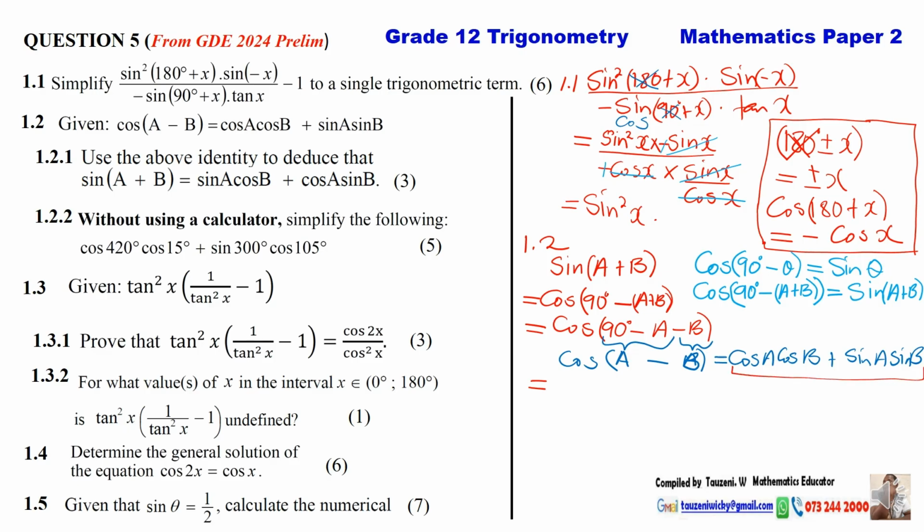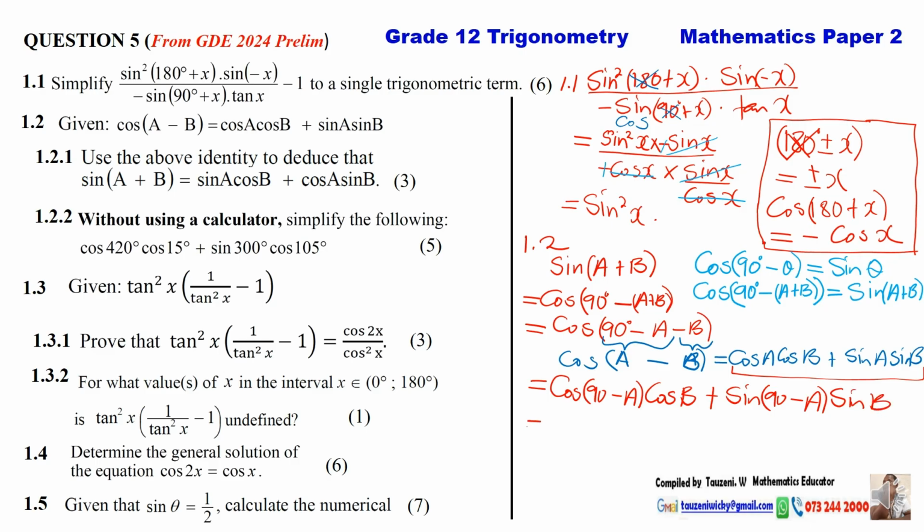We're going to get cos a, which is the cos of 90 minus a. Then cos b, plus the sine of a, which is the sine of 90 minus a. Then sine b. From here, we apply co-functions again.